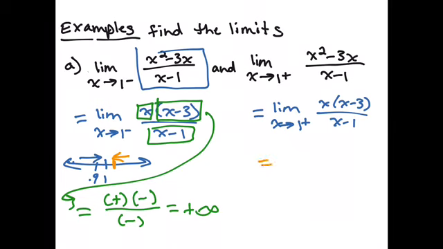If I plug that in to x, that's a positive number. If I plug it into x minus 3, so 1.1 minus 3, that's a negative number. And if I put 1.1 in the denominator, that's a positive number. So is this thing going to positive or negative infinity? Negative.